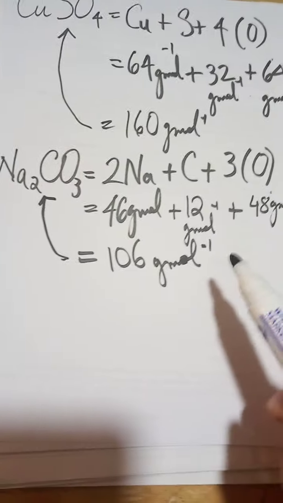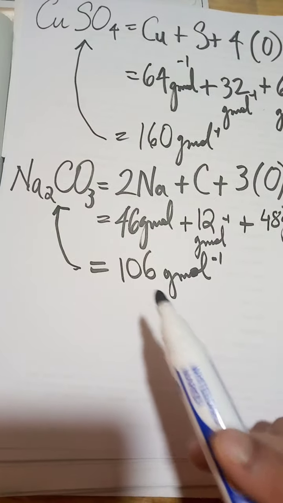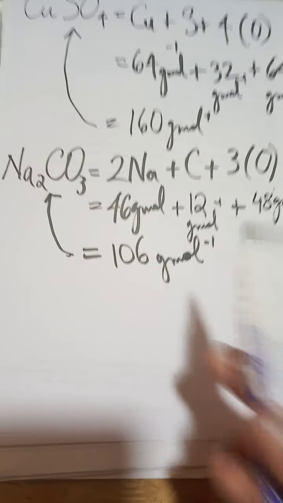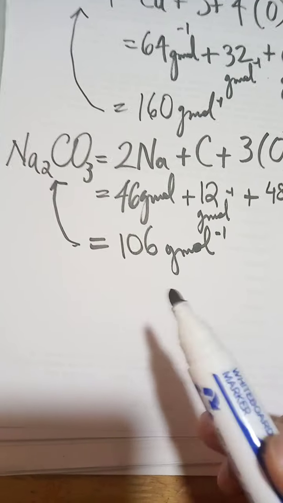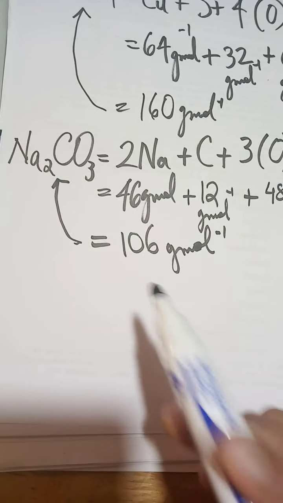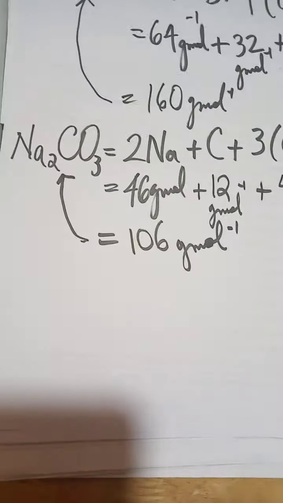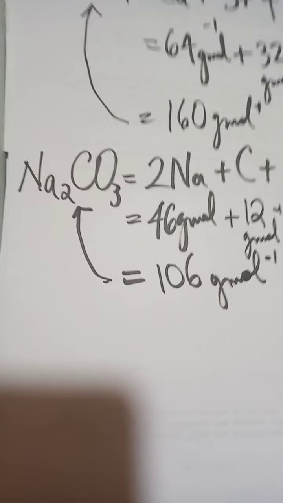So 106 grams of sodium carbonate would constitute 1 mole, and it would contain 6.02 times 10 to the power 23 ionic constituents of sodium carbonate. So the lattice contains many more.